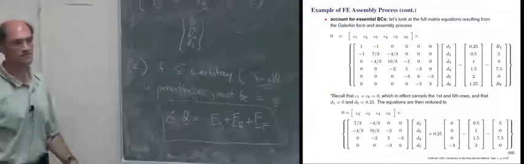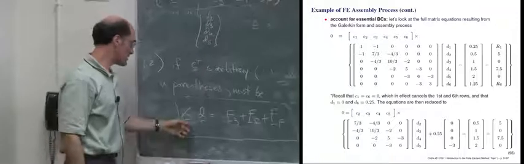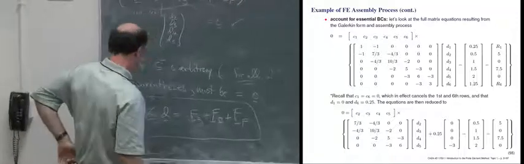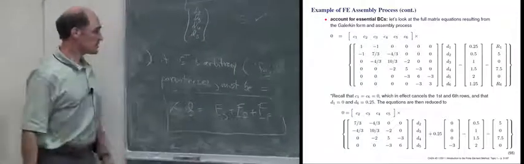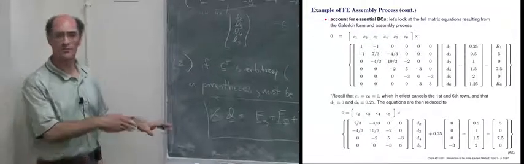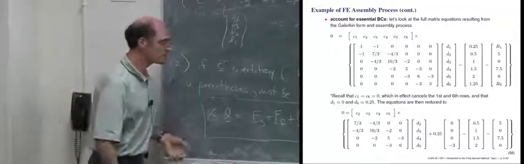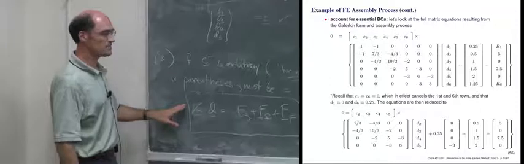And we can solve that equation. That's a linear system of equations. K is non-singular. We have all the forces that we applied to our bar, and that's our solution. That's the first step of the solution. So that is the linear algebra solution, but then we do post-processing.